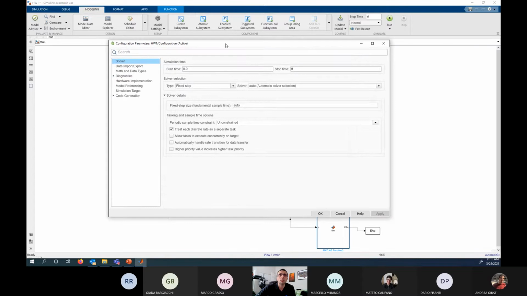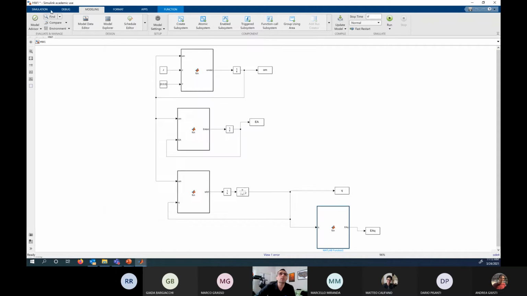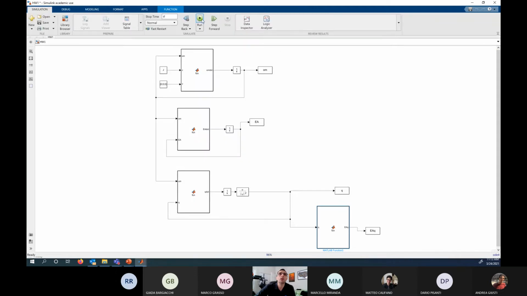Then maybe if I go and constrain the fixed step to be that same one that I had before, automatic solver, I don't know, maybe a classical Runge-Kutta would work. It may actually work. Let's see what it does.